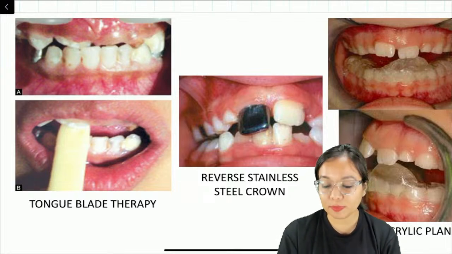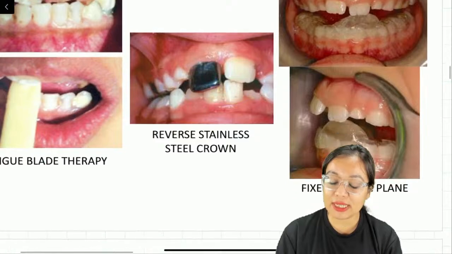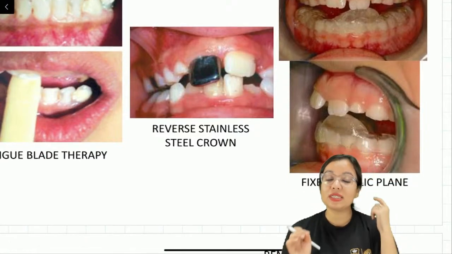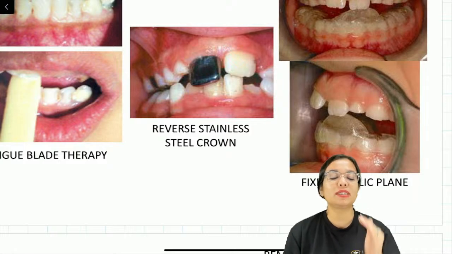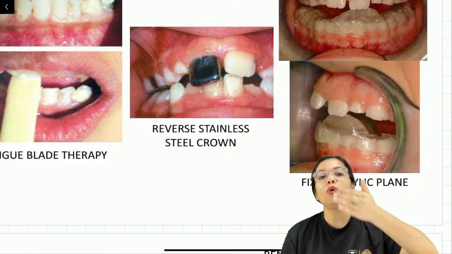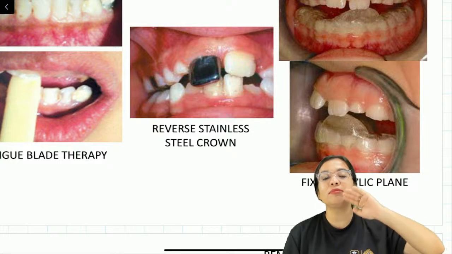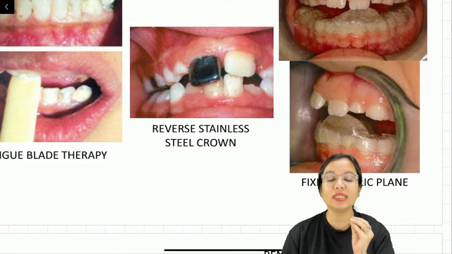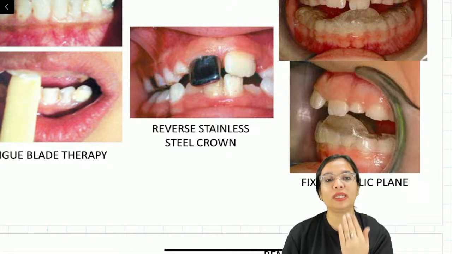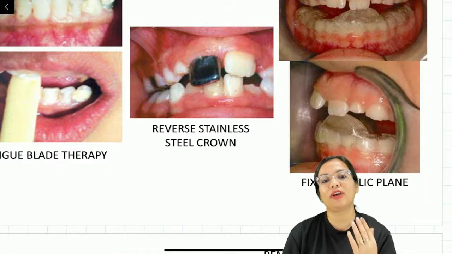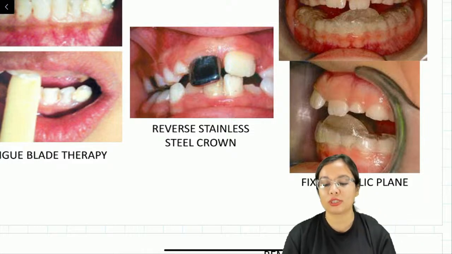Again, the reverse stainless steel crown is given on the upper tooth. Reverse means the cingulum area comes outside and the labial plane comes inside. So when such is the arrangement, the tooth can slide outwards over the labial plane and grows in that fashion, that is, it comes out of the crossbite.